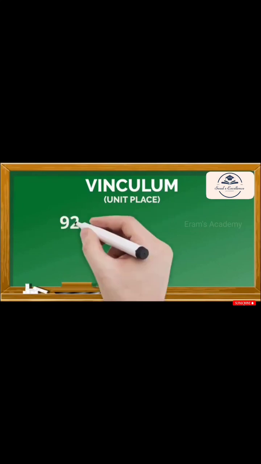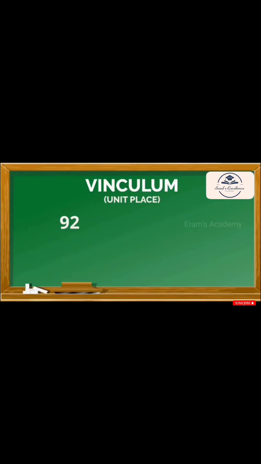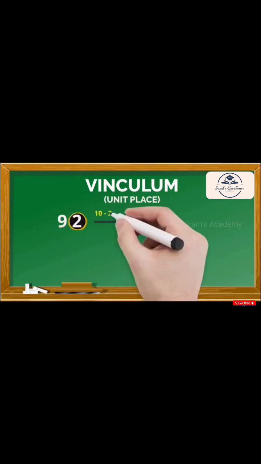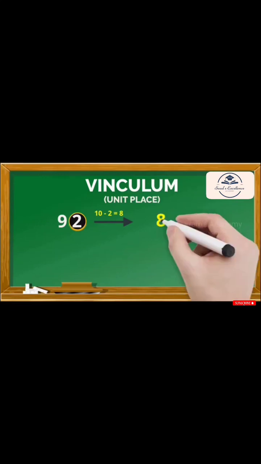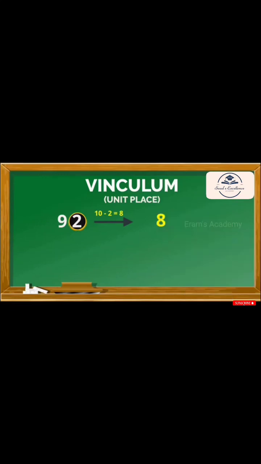Again, start with an example like 92. First we have to subtract the unit digit from 10, so subtracting 2 from 10 we get 8. We write 8. We make a bar above 8.